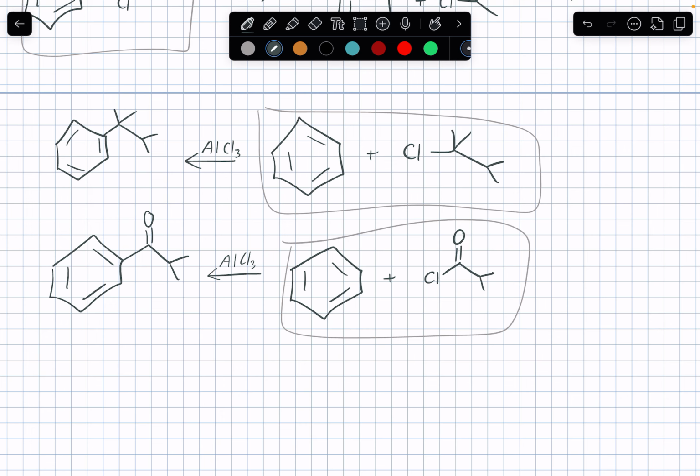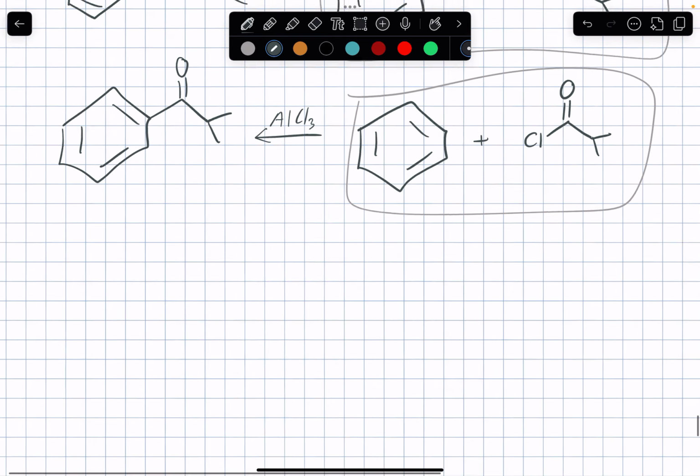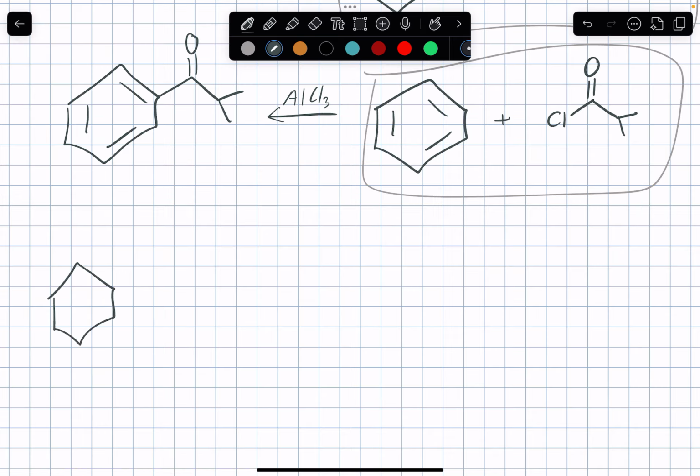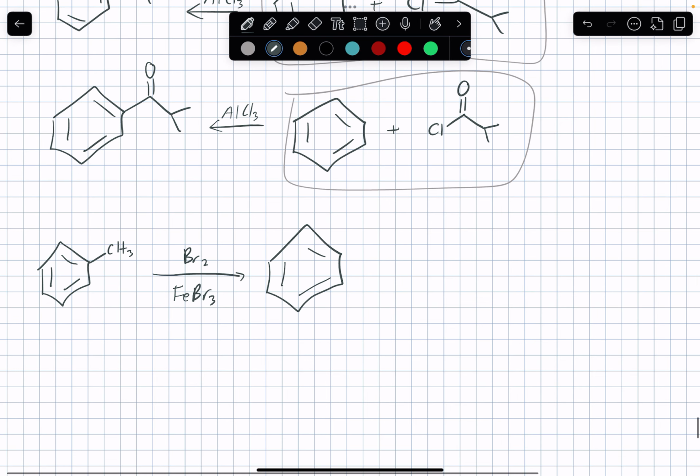Okay, so let's now move on to the regiochemistry of EAS. Let's have toluene for an example. So we have Br2, FeBr3. Wait a minute.